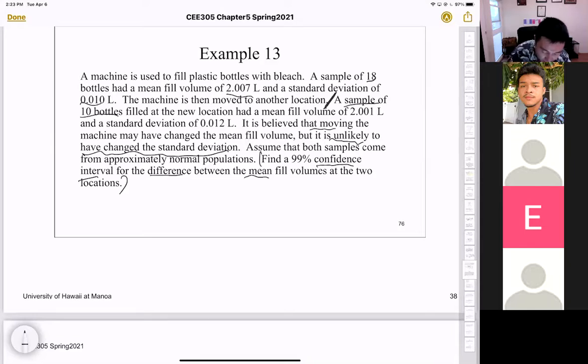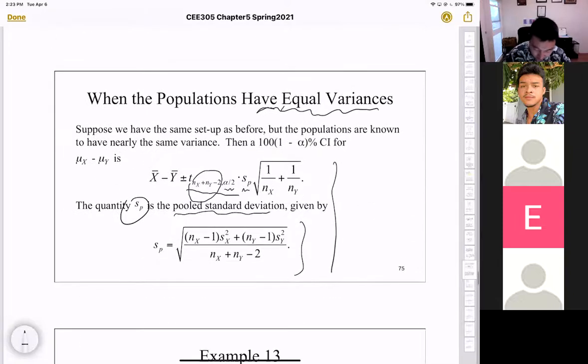We have another sample of 10 bottles, with a new mean and a new sample standard deviation. So the question is asking for the confidence interval for the difference between two means. This is a small sample, but the special situation here is they have the same standard deviation. That tells us we should use this equation.